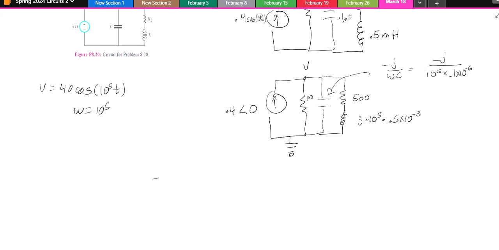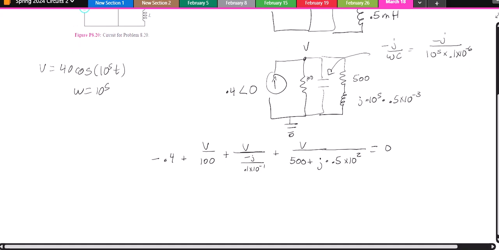So from my current source, I have minus 0.4 plus from this first resistor V over 100 plus from the capacitor, V over minus J over 10 to the 5th times 10 to the negative 6 times 0.1, so that's 0.1 times 10 to the negative 1, plus V over 500 plus J times 0.5 times 10 squared, and all that equals 0.